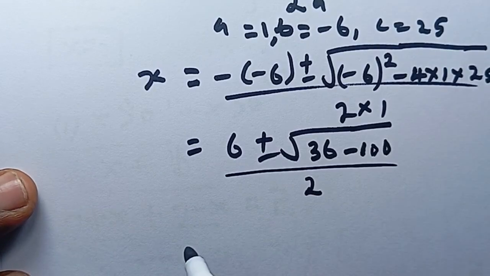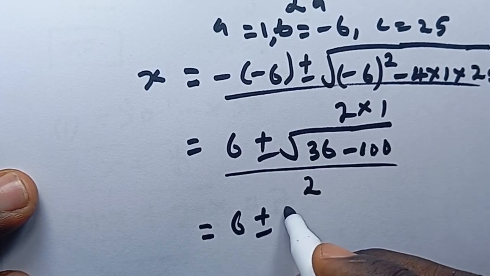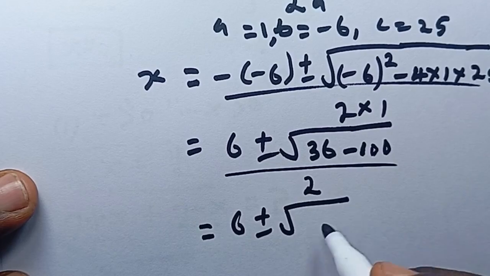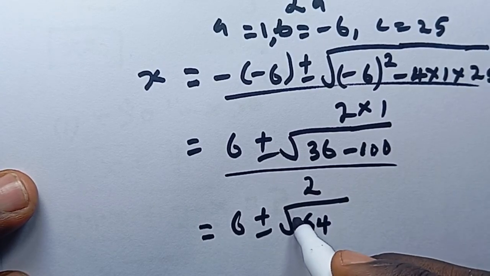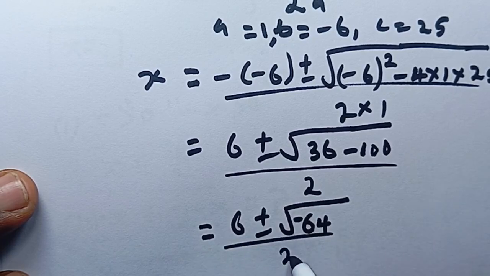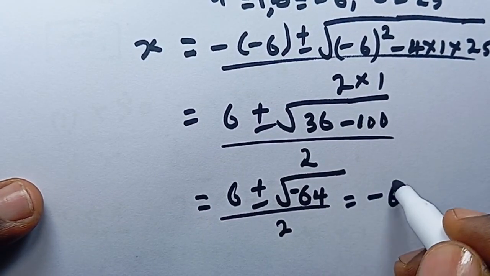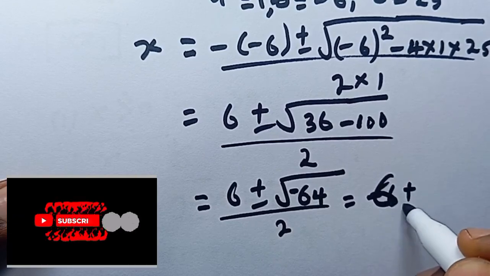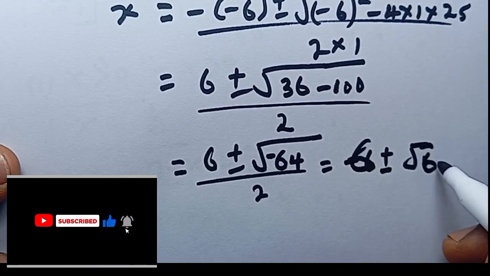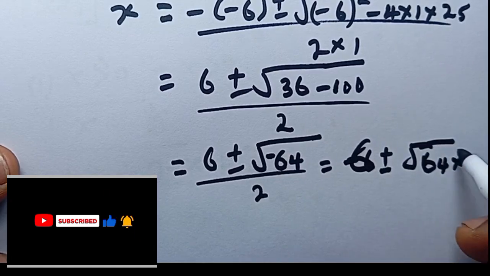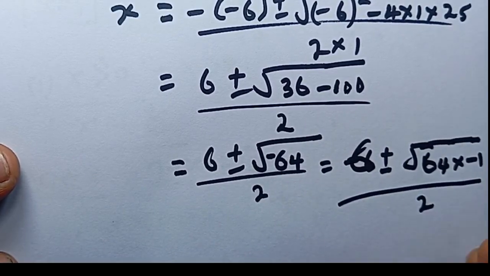Okay, and then if we proceed from here, this is now 6 plus or minus the square root of negative 64, divided by 2, and then we can actually split this as 6 plus or minus root 64 times minus 1, all divided by 2.